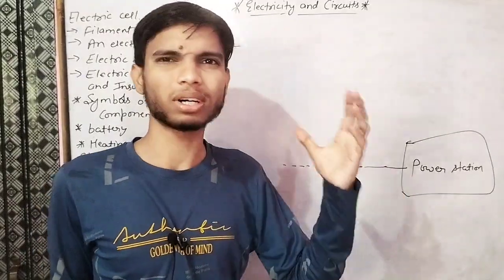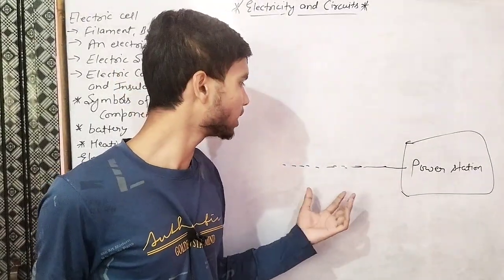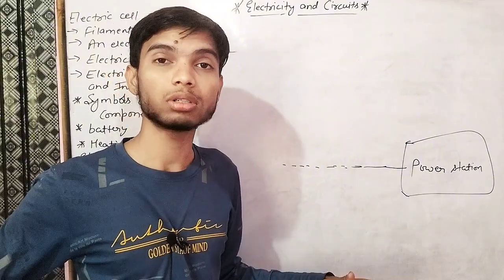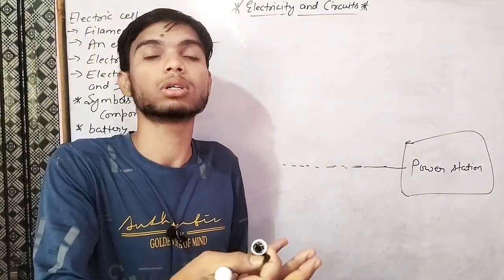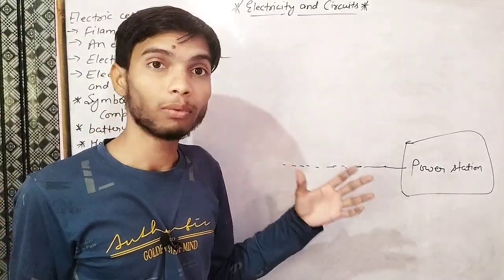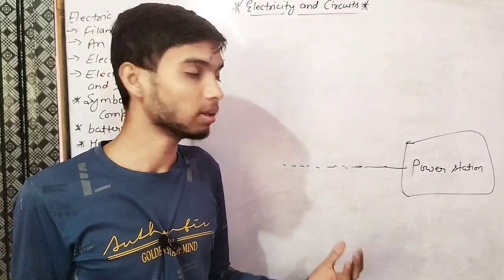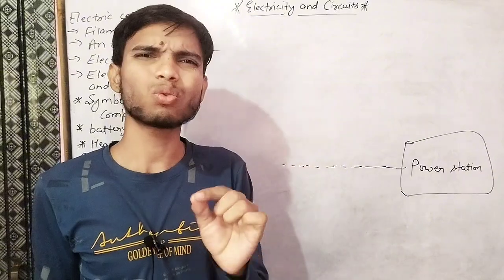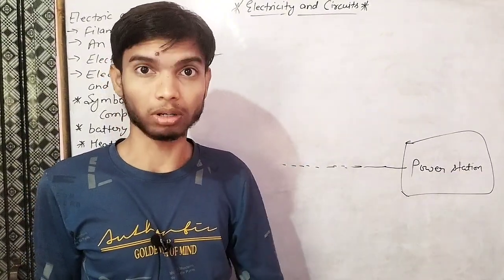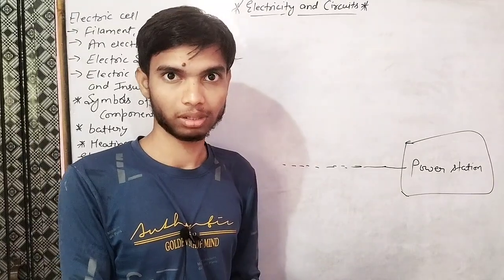This thicker wire will be able to provide electricity and will not get so hot. Whereas if we use thin wire, then the thin wire will get burned, will get hot.